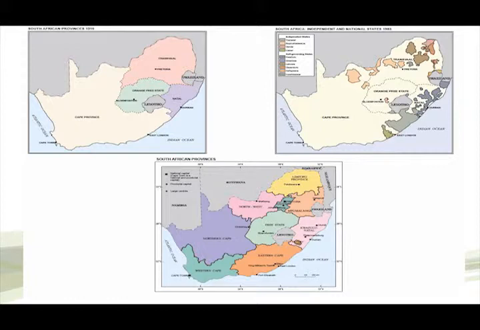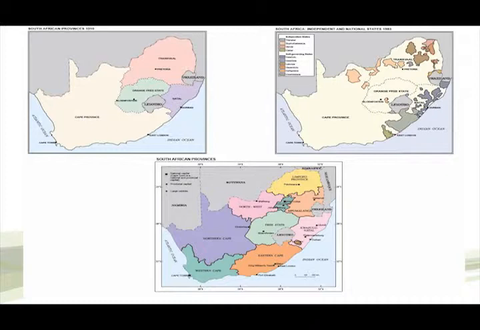Also, South Africa evolved and had changes. We had the four provinces in 1910. And then in 1983, the government had the four independent countries, that was Ciskei, Transkei, Venda and Bophuthatswana, and then the national states that were self-governing.